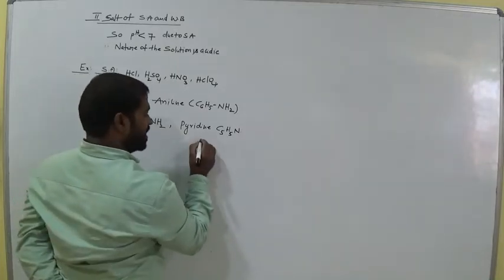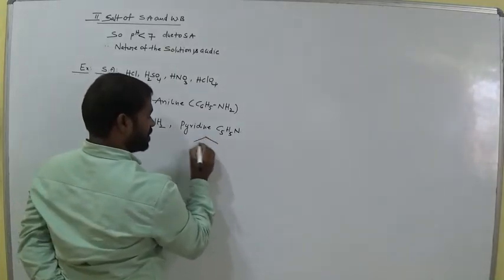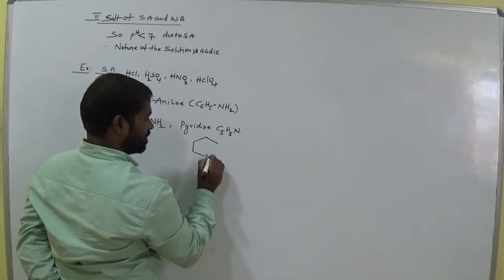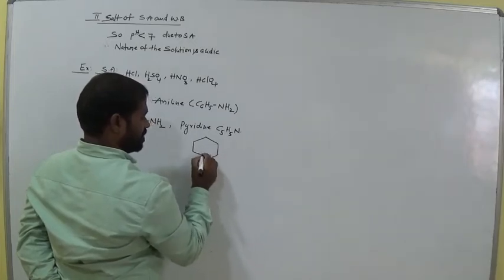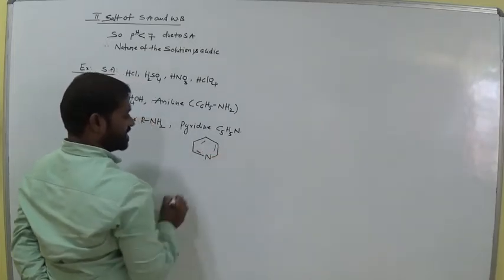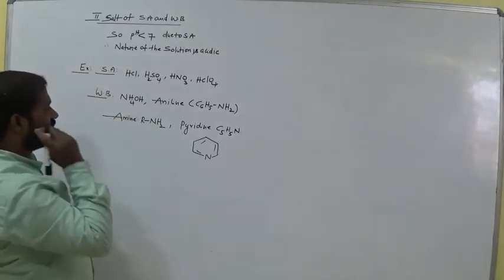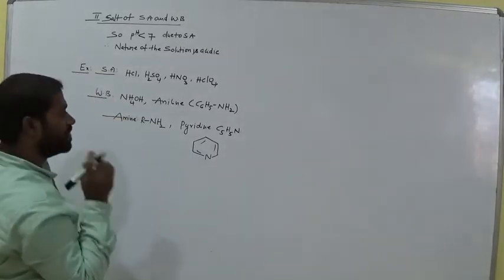The structure of pyridine is this. This is the structure of pyridine. Okay. Now these are all weak bases. Remember this.